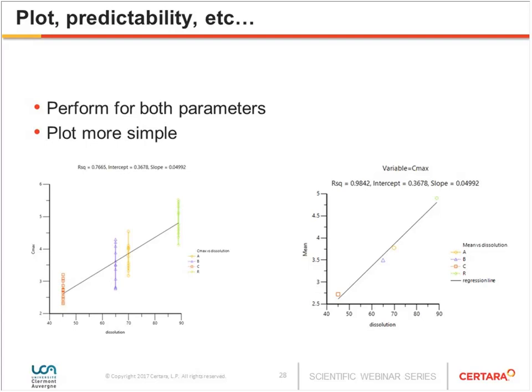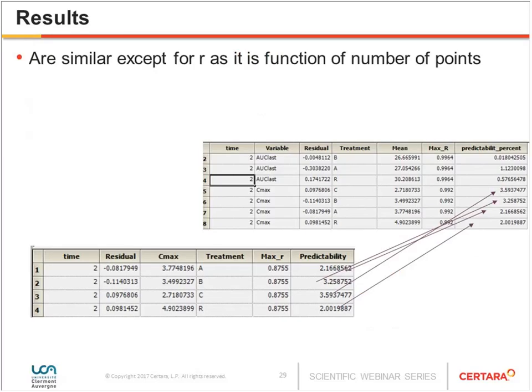The only difference is that when I use all the raw data, I have a better idea about the dispersion of my Cmax between subjects. If I calculate using the residuals variability, you can see that the variability is exactly the same if I use the mean data or if I use the individual data. The predictability, for example, for the formulation A, you can see between the upper part and the lower part of this slide, is 2.16668%, and I have exactly the same value when I use all the data.